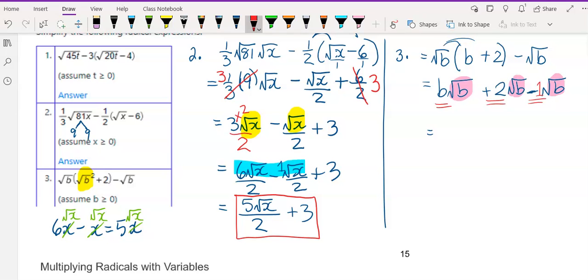We can combine the 2 with the negative 1, but we can't combine it with this b. That is, you can't combine constants with a b. If this was a number, you could combine it with these numbers, but I think we have to just leave this guy on its own and then just write 2 minus 1 is 1.